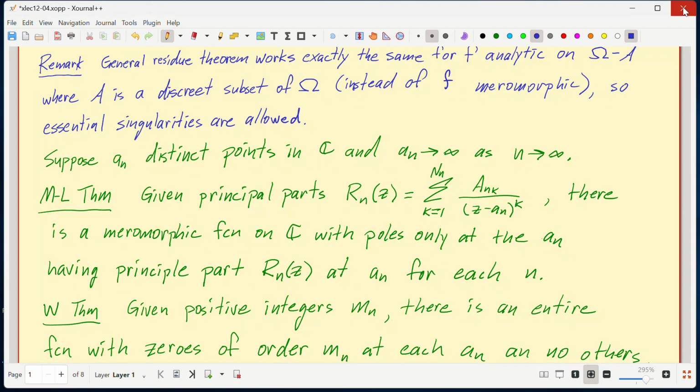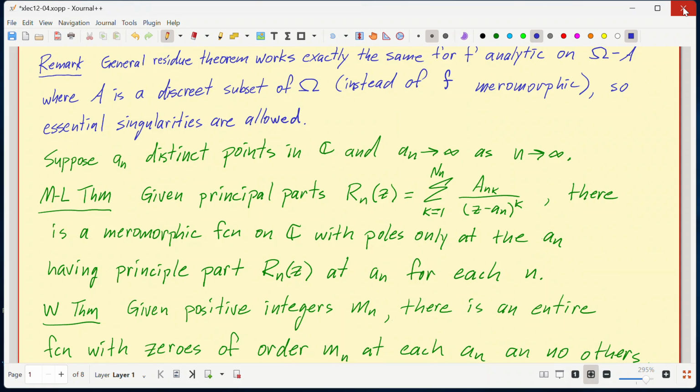There exists a meromorphic function on the whole complex plane with poles at exactly the a_n's, having the principal part that was specified at a_n for each n. Okay, that's going to turn out to be rather easy to do, and it's the first Mittag-Leffler argument. I'll explain what that means.